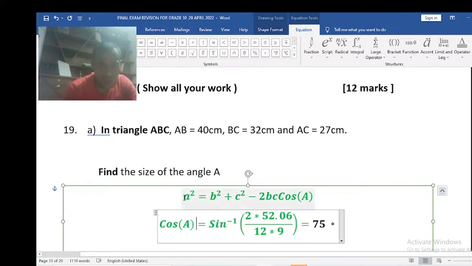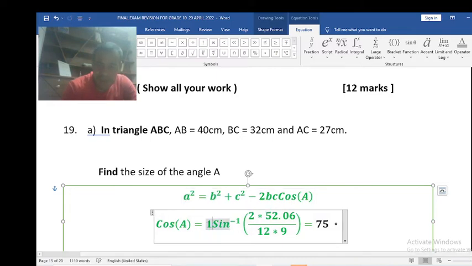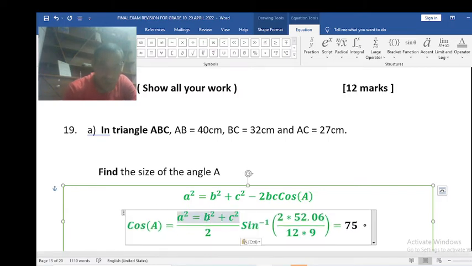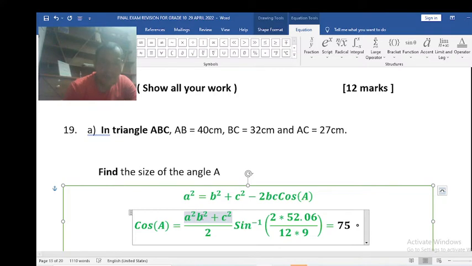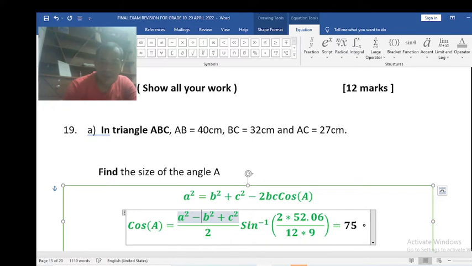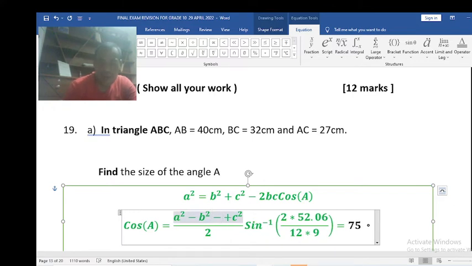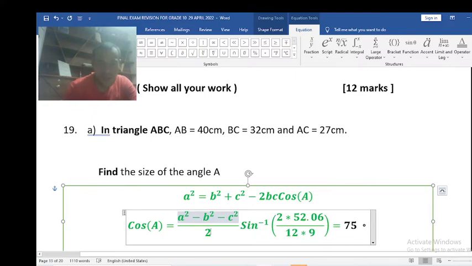Equal to, learners, a squared minus b squared minus c squared, divided by minus 2 times bc.